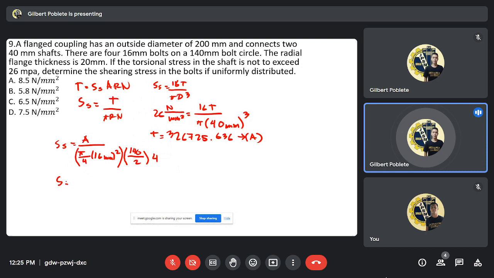Meron tayong shearing stress na alpha A over pi over 4 times 16 squared times 140 over 2 times 4. So we have 5.8 Newton millimeter squared. Ayan. So kung natin is letter B.